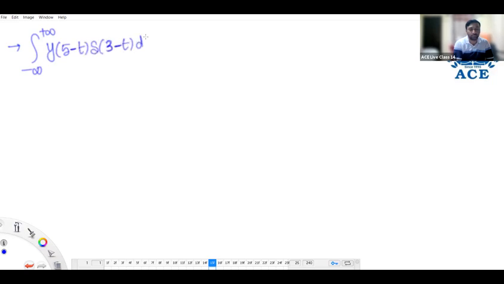Think of this. Integral of y of (5 minus t) into del of (3 minus t) dt. What will happen?